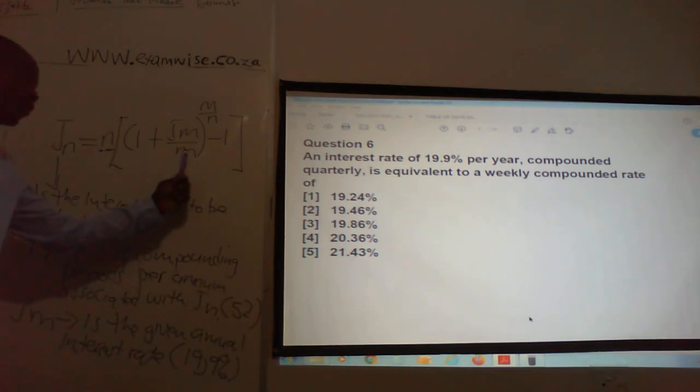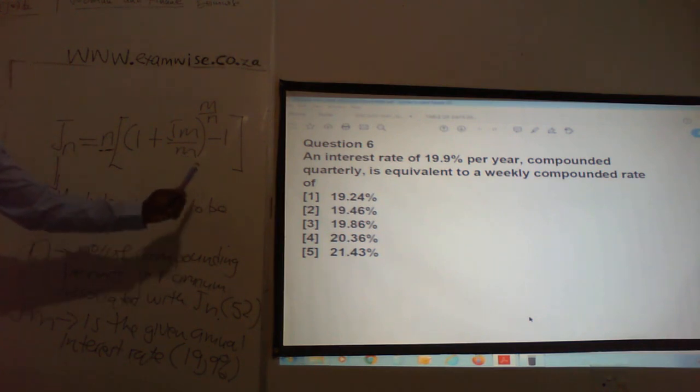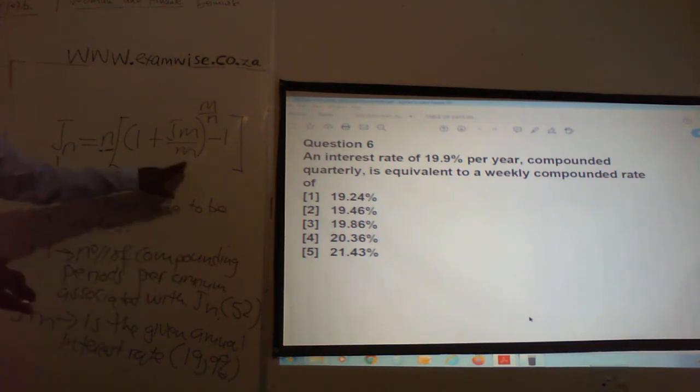And then from there we have our M. M as well is the number of compounding periods per annum associated with Jm.